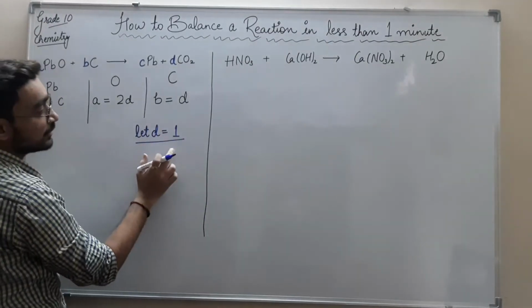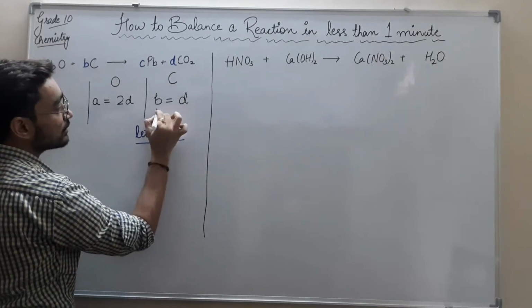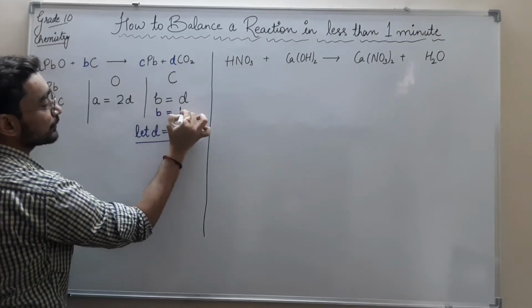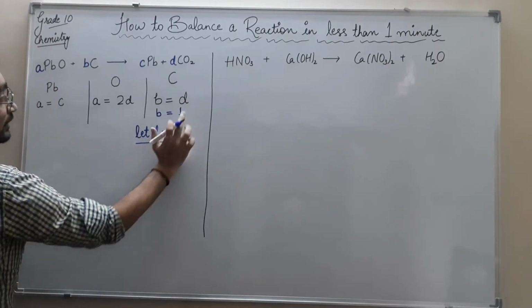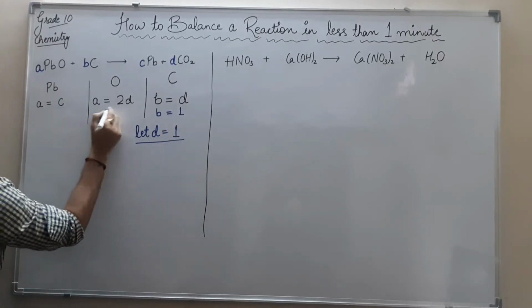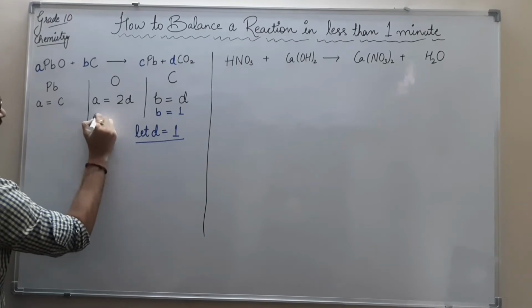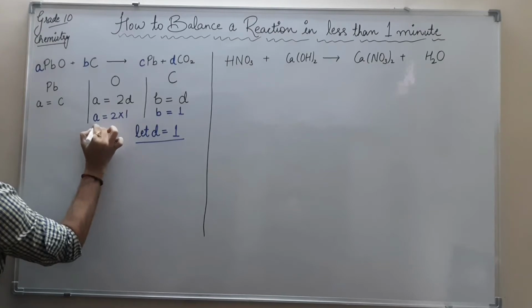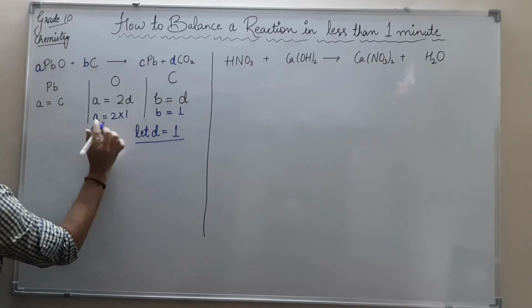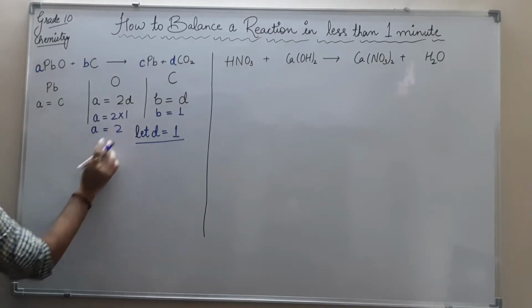If D is equal to 1, then B will also be equal to 1. If D is equal to 1, then A will be 2 into 1, that is A is equal to 2.